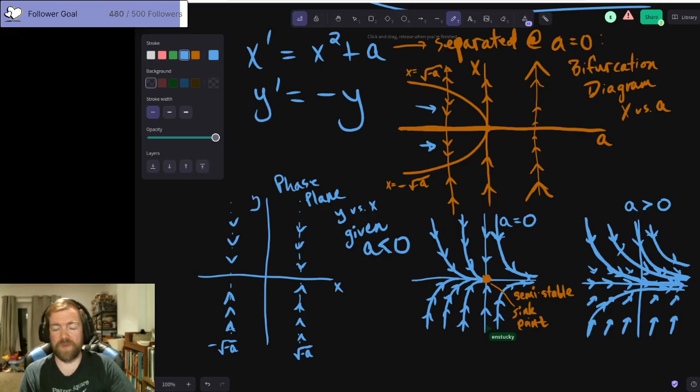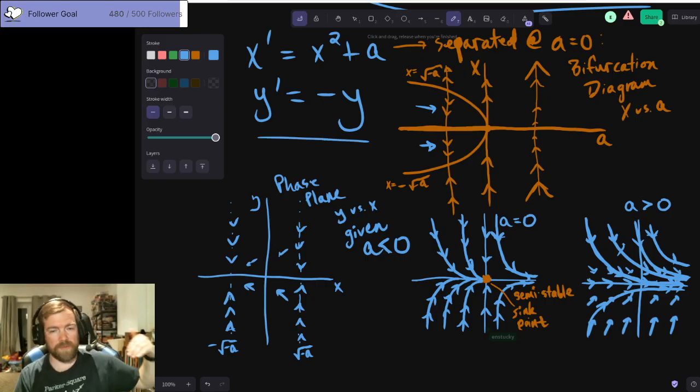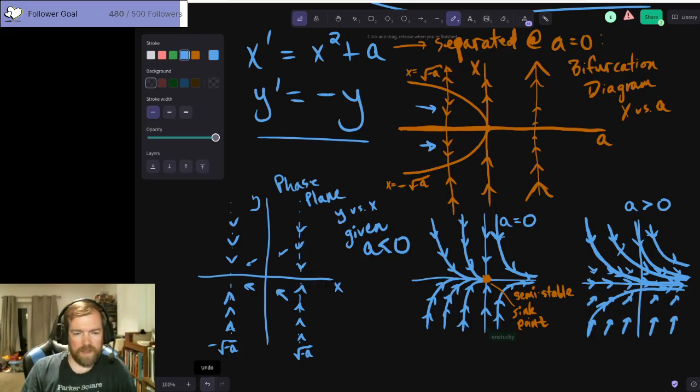Yeah, both of them are going to be moving toward the negative side. So we're going to have stuff that's going this way, and stuff that's going to be moving this way and this way. And based on our y's, again, the further away you are from the x-axis, the larger the change is going to be. So we're going to have something much steeper up top like this.